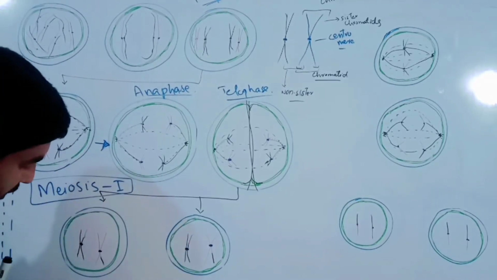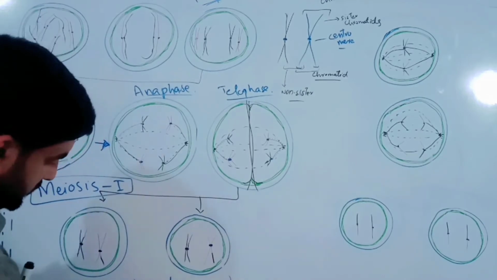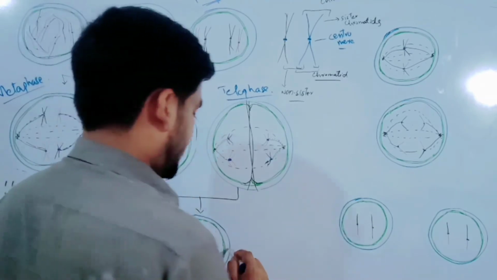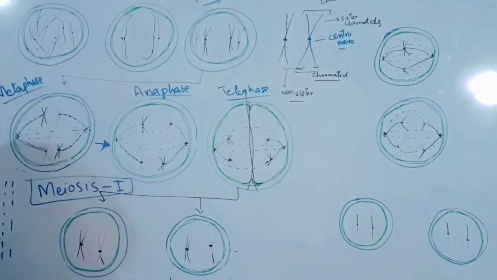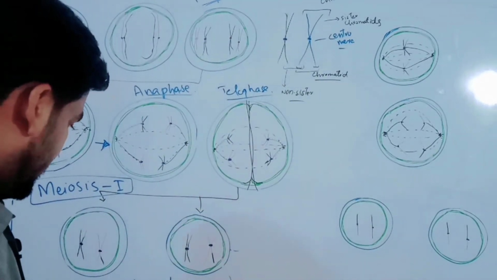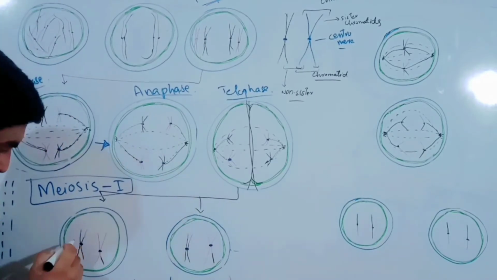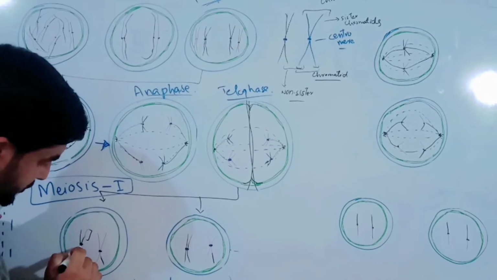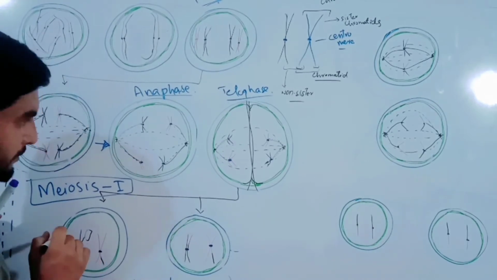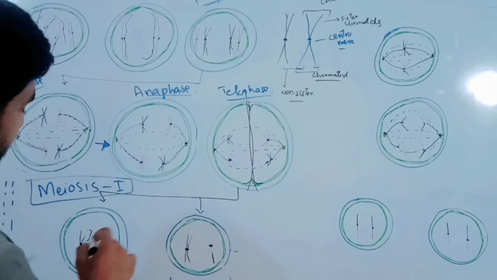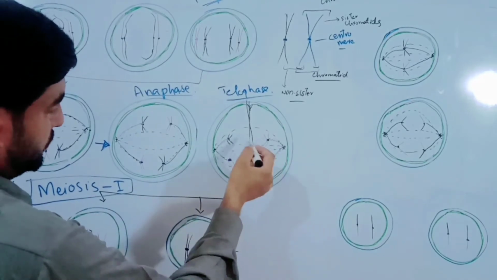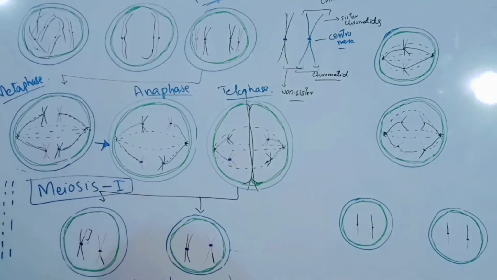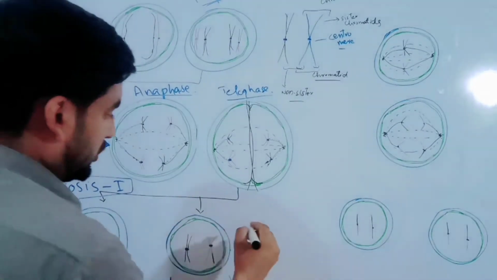Now from these cells, we will take one for our understanding. I want to clear one thing here. You are observing there are some segments which are actually not from the same chromosome. Actually they belong to this chromosome. What is this? Actually in meiosis 1 there occurs a process called crossing over.